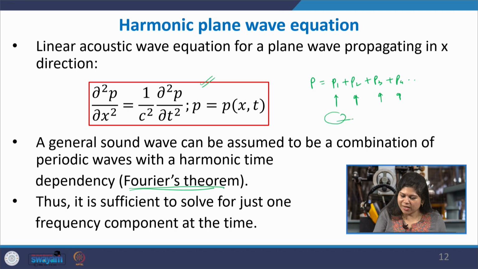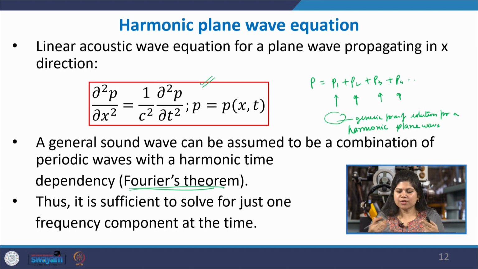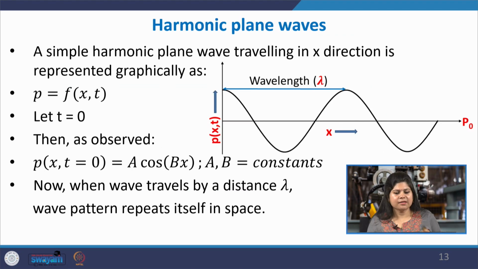We already know the generic form of the solution for a harmonic plane wave, so we can simply substitute and change the different frequencies or magnitudes, whatever is known to us, and sum up to get the pressure equation of that complex sound. So, let us find the solution for the harmonic plane wave. Let us start with a 1D solution, a harmonic plane wave travelling in the positive x direction.